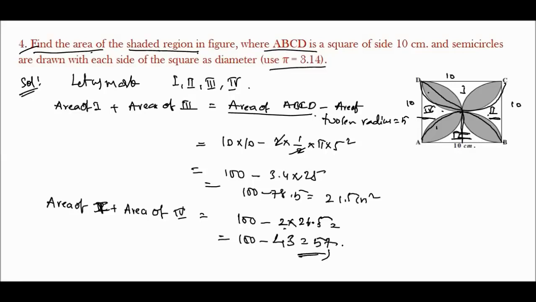So 57 is the answer, the total shaded region of this diagram.